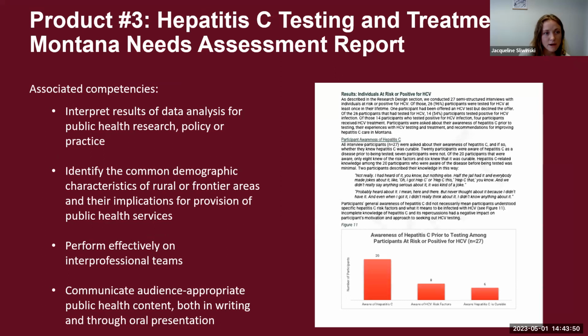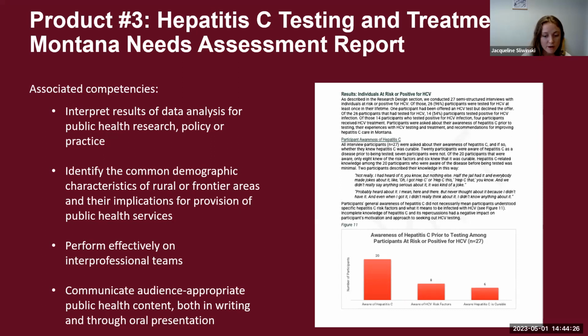Okay, and lastly, product number 3 was the final needs assessment report. The development of the needs assessment report really began with the content analysis. Using those worksheets, we summarized the testing processes used among the healthcare systems, laboratories, and harm reduction programs, and assessed the processes of each, and then identified barriers and facilitators and recommendations for improvement mentioned from each target population.